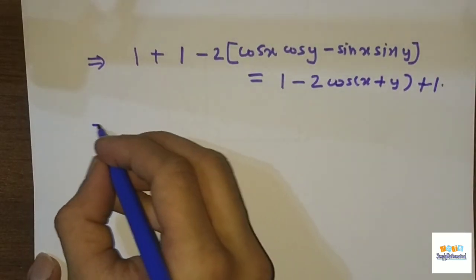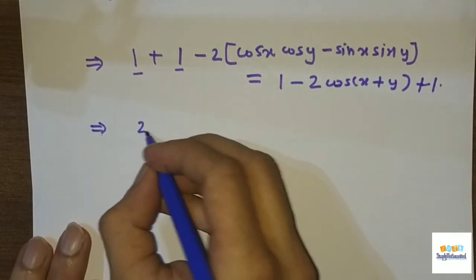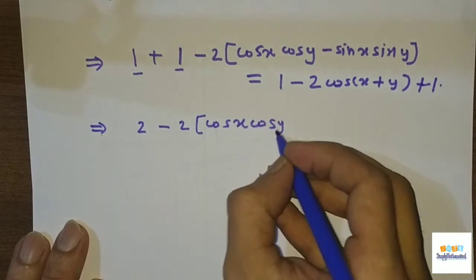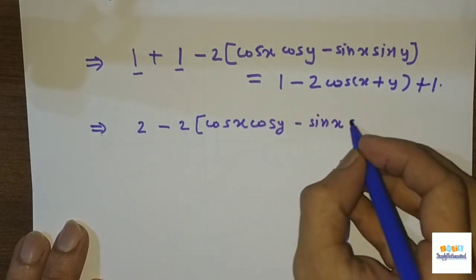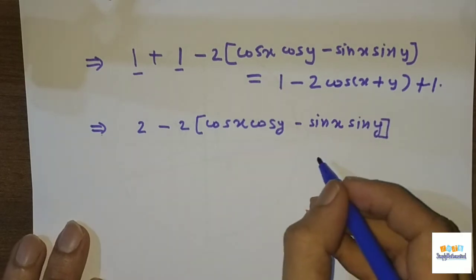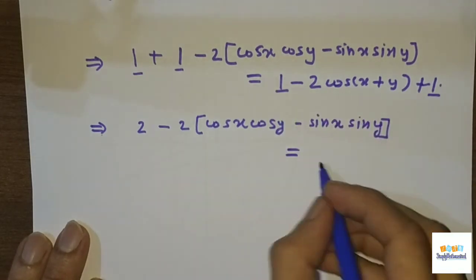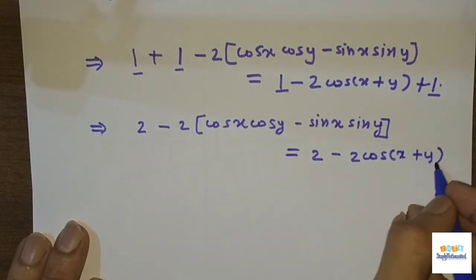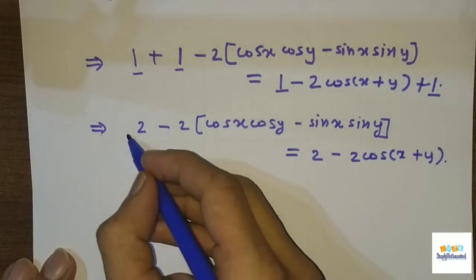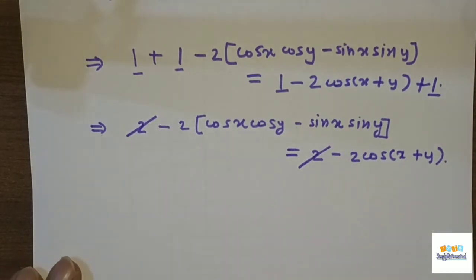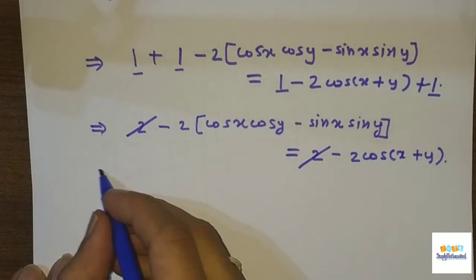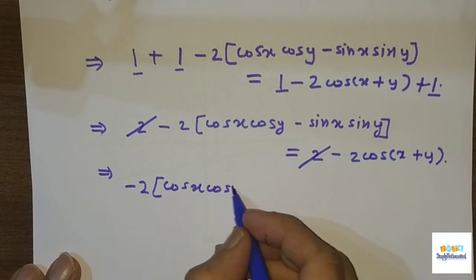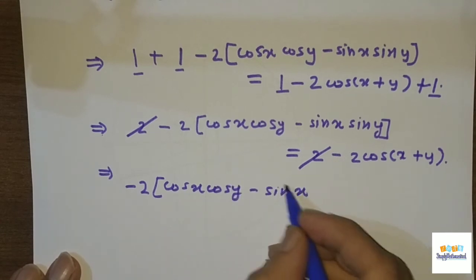So 1 plus 1 is 2 here, minus 2 times cos x cos y minus sin x sin y, which is equal to 1 plus 1, again 2, minus 2 times cos of x plus y. So 2 and 2 get cancelled here, and what remains is minus 2 times cos x cos y minus sin x sin y.